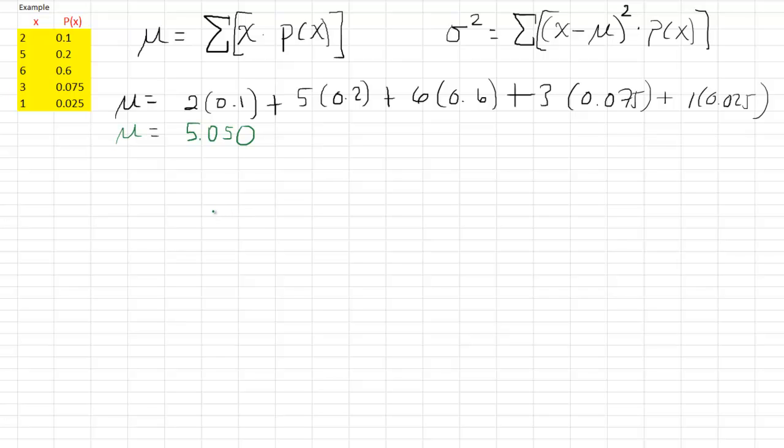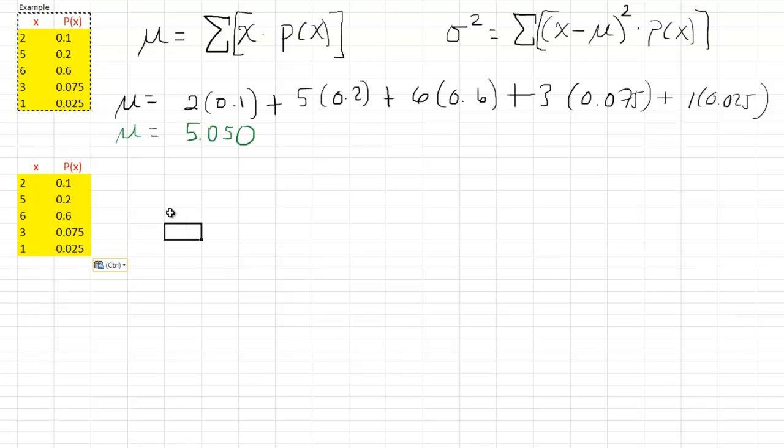Next, we can calculate the variance. You can also do this in Excel, if you wish. So let me just quickly show you. So here's my x. Here's my p of x. Equals this is cell D15 in my Excel sheet, times, which is the star symbol, E15, 0.1.